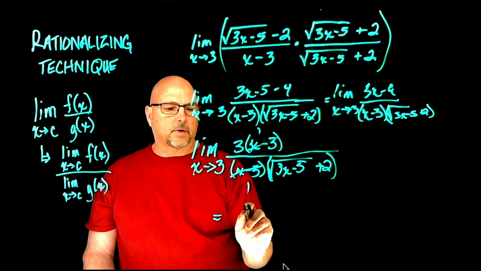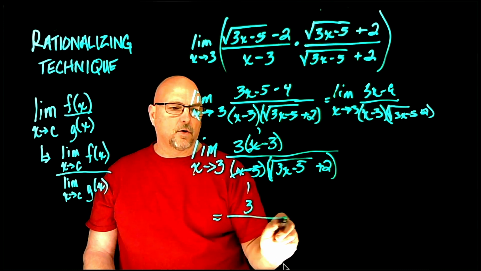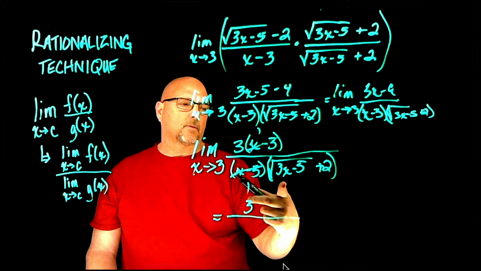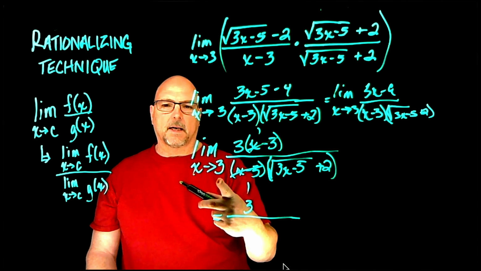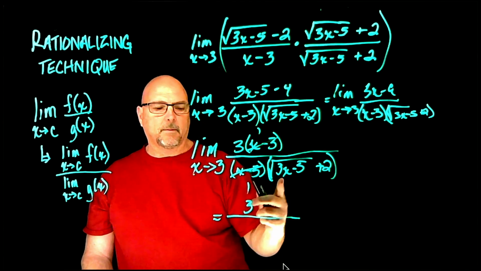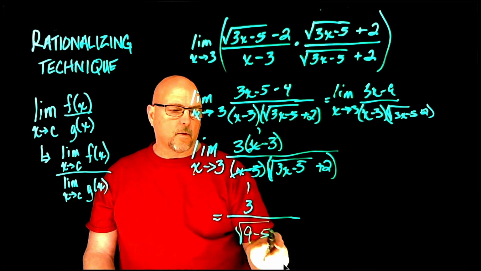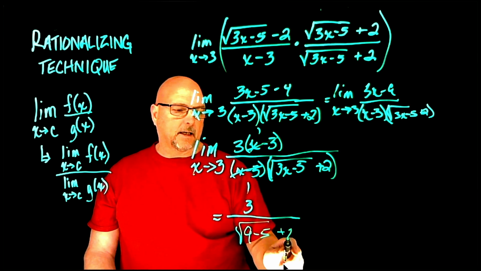With direct substitution, I'm looking at 3 in the numerator, and in the denominator I have 1 times, well, 3x would be 3 times 3. 3 times 3 is 9. 9 minus 5 is 4, and then we're going to be adding a 2.